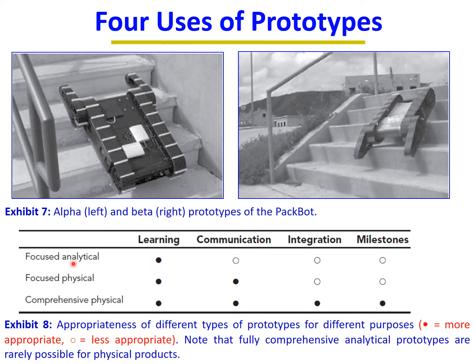So if you see focused, analytical, good for learning, but these are analytical only, right? So to communicate with customers and so on, they are not very good. Focused physical are good for learning, good for communication, but not these. These are only focused. Comprehensive physical is of course good for learning, good for communication, good for integration, good for milestones. So these are different types of prototypes.